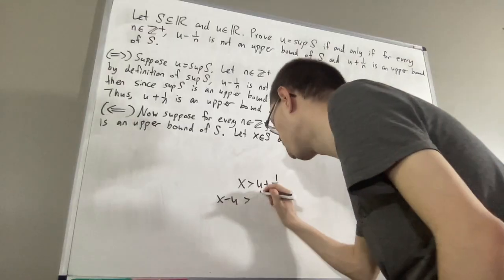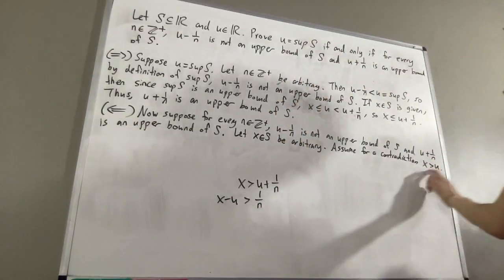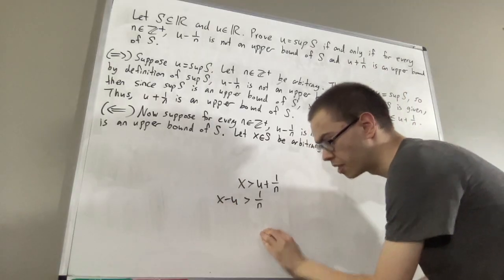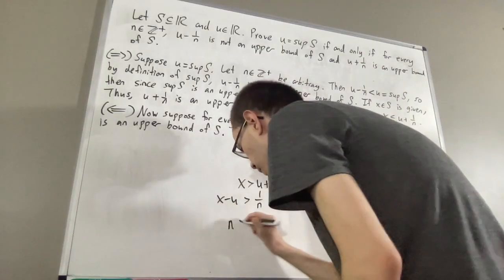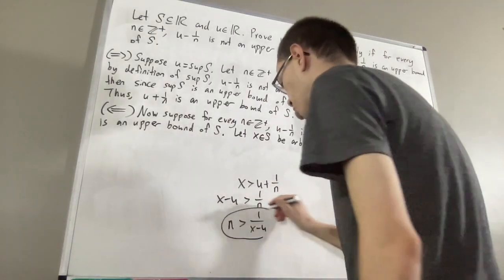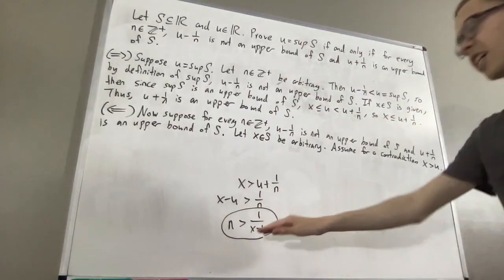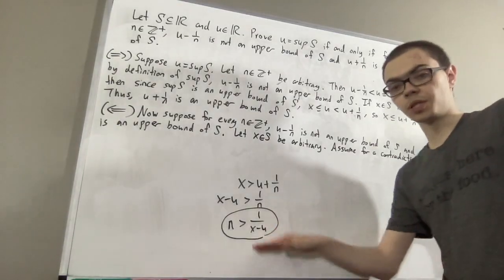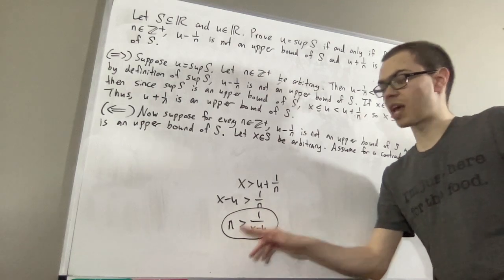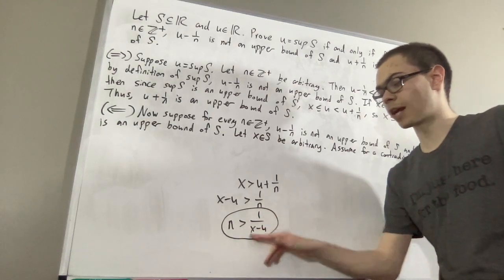We have x minus U greater than 1 over n, and since x is greater than U, x minus U is positive. So dividing x minus U to the other side, multiplying n to the other side, we have n greater than 1 over x minus U. N is a positive integer, bigger than 1 over x minus U. So what we're going to do is we're going to invoke the Archimedean property. So we choose a positive integer n such that n is greater than 1 over x minus U.